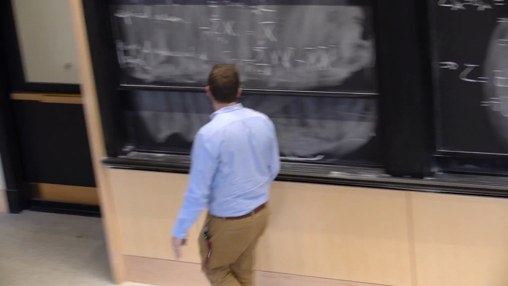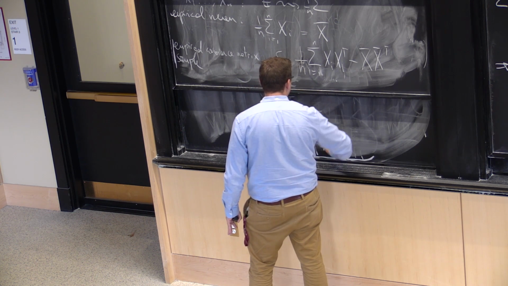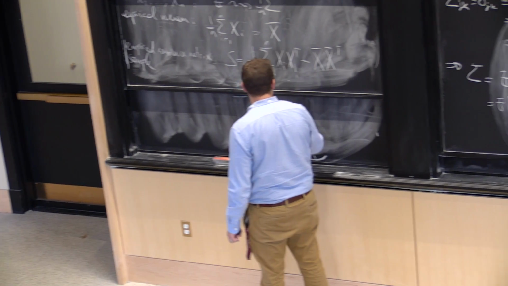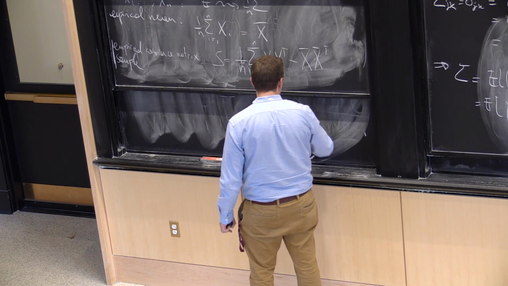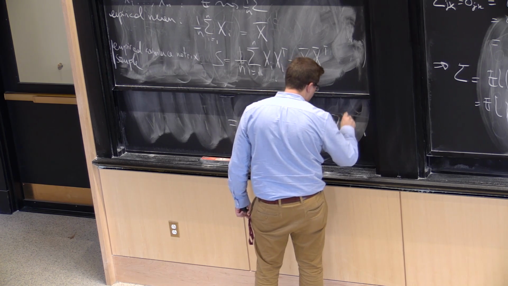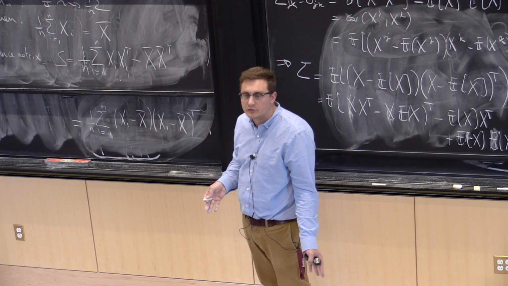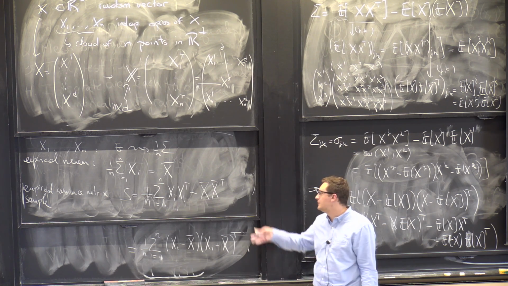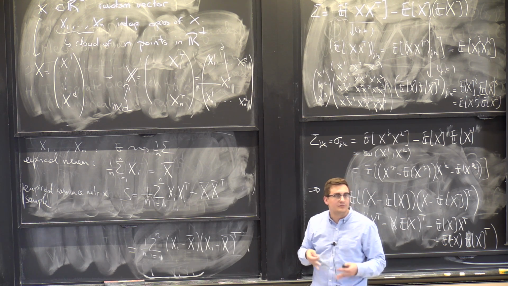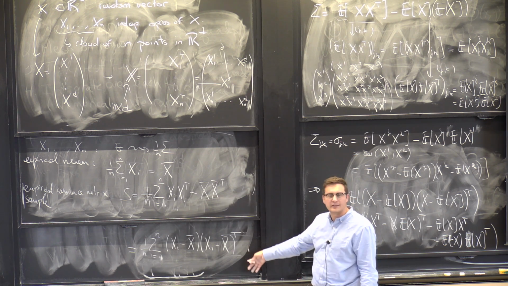So this is actually 1 over n, sum from i equal 1 to n of xi minus x bar, xi minus x bar transpose. In a way, it looks like I could define two different estimators, but you can actually check, and I do encourage you to do this if you're not comfortable making those manipulations, that those two things are exactly the same.